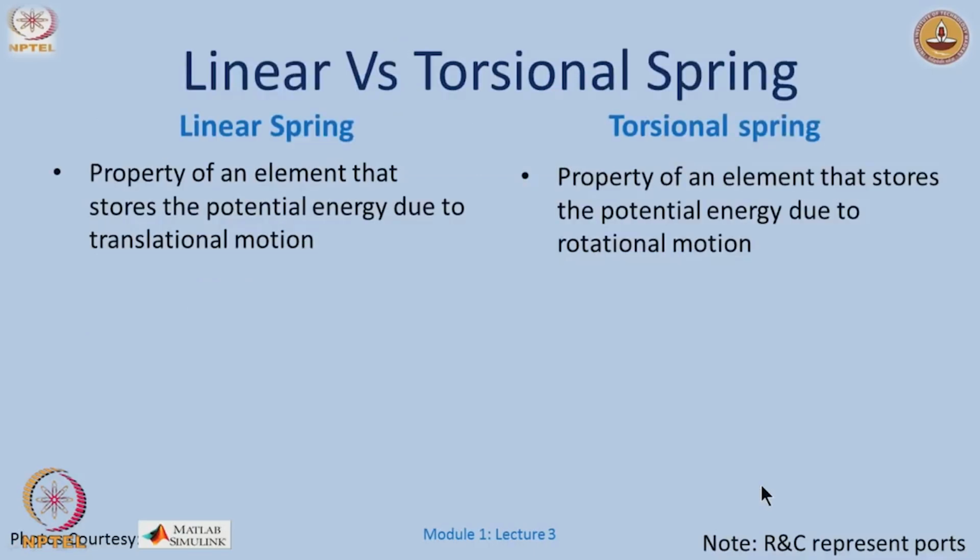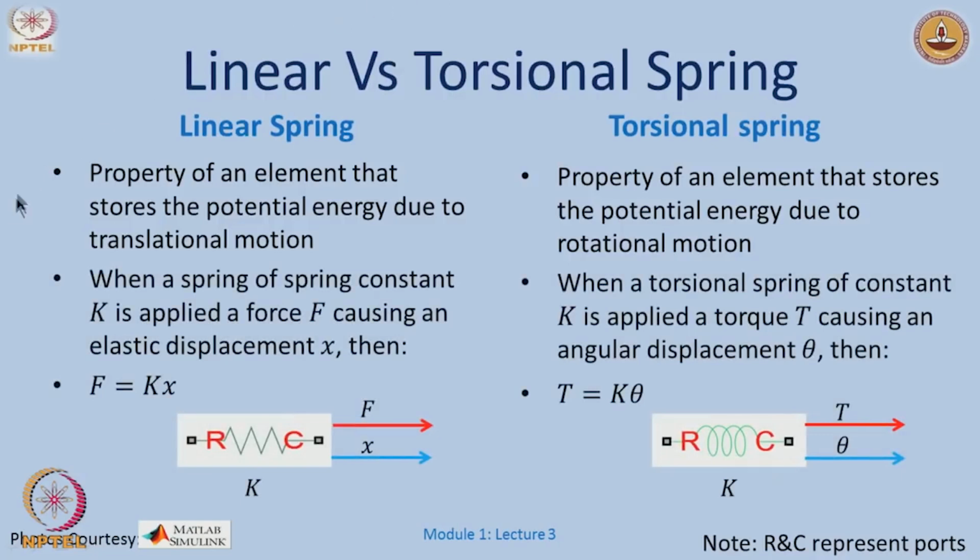Okay, the linear spring. As said earlier, a linear spring is an element that stores potential energy in a way that when you have a force causing a certain displacement, the spring, as we know, will have a restoring force which acts in the opposite direction.